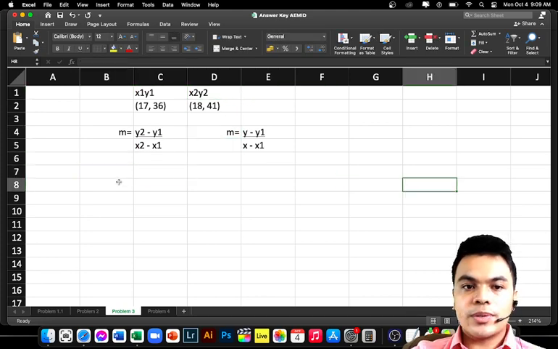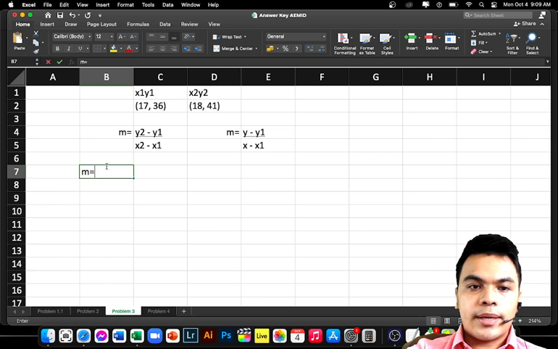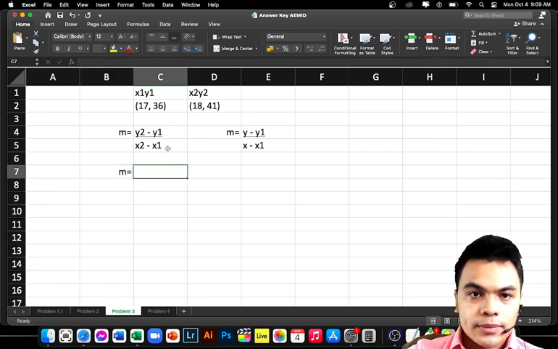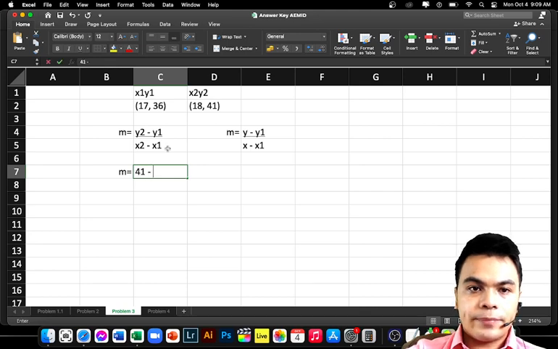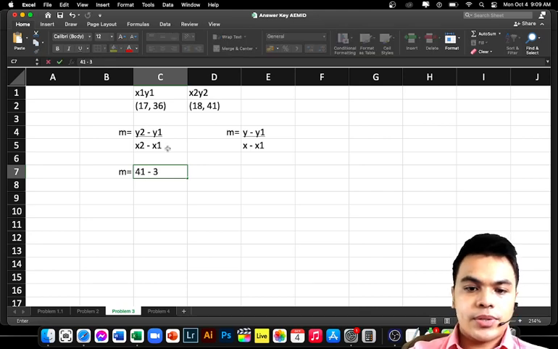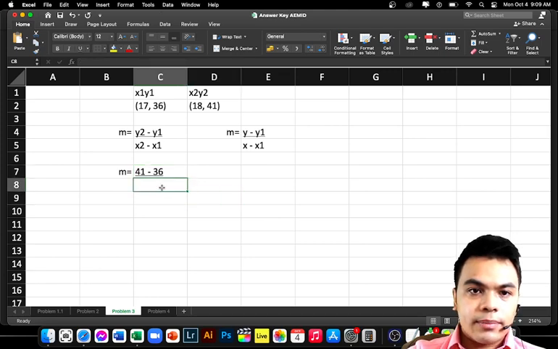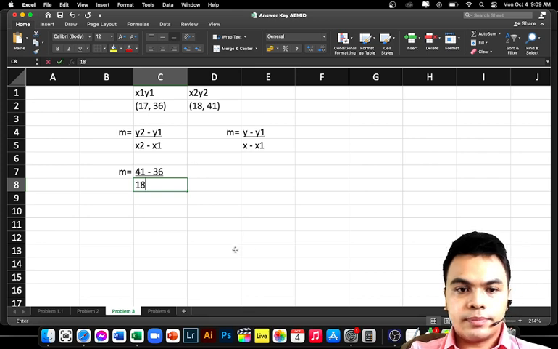Let's identify the slope. m is equal to y2 minus y1, we have 41 less 36, divided by 18 minus 17.